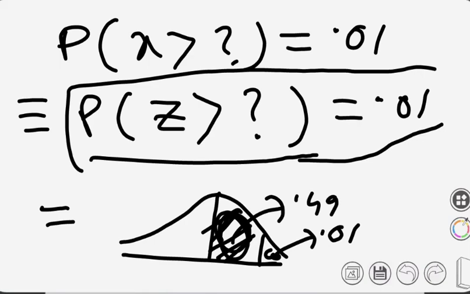Look in the table, you can find 2.2 is 0.4890 and 2.3 is starting with 4893.